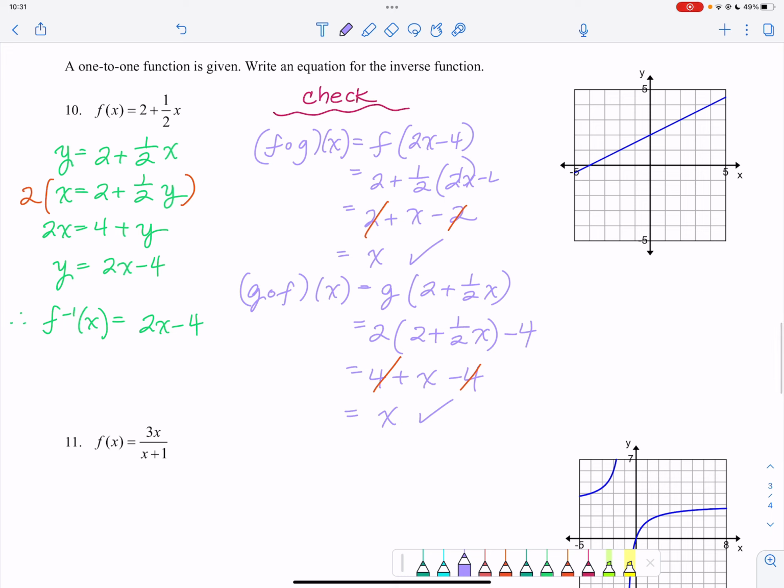And now you can see that this is f of x, and we can graph 2x minus 4, and it looks like this. And that is equal to f inverse of x. Okay.